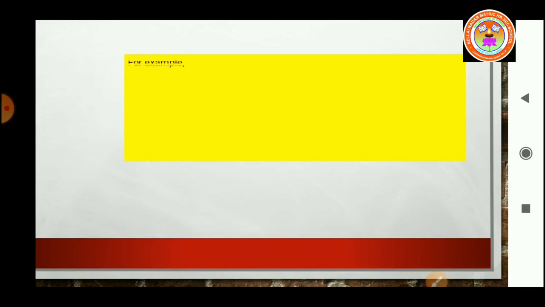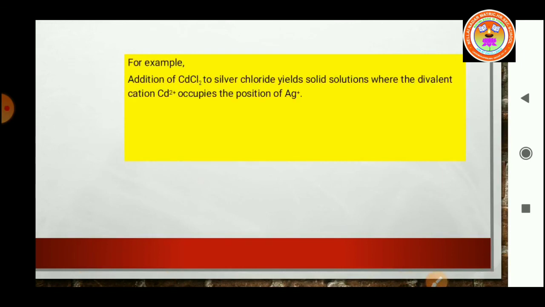Shall I explain along with the example? For example, addition of CdCl2 to silver chloride. Silver chloride formula is AgCl. Yes, but Cd charge is 2+. So CdCl2 is added to AgCl, yielding a solid solution where the divalent cation Cd2+ occupies the position of Ag+.